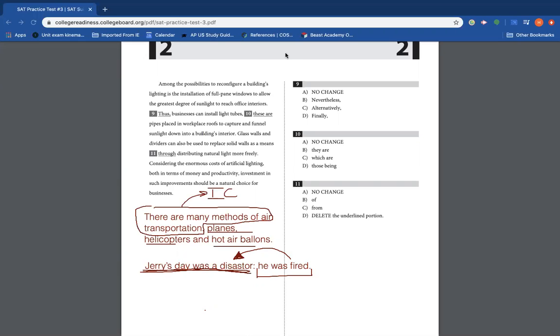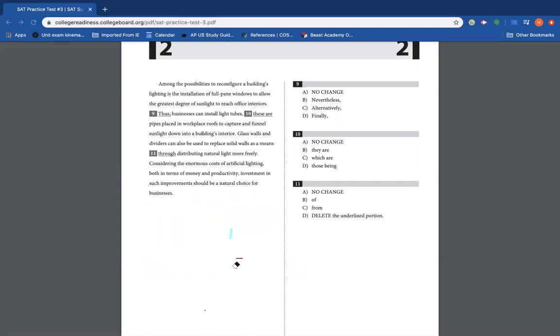Hyphen, okay. Hyphens you wouldn't really use, I mean, actually you would use on the SAT.